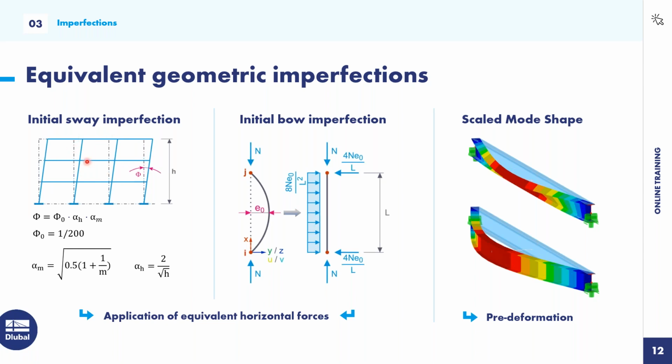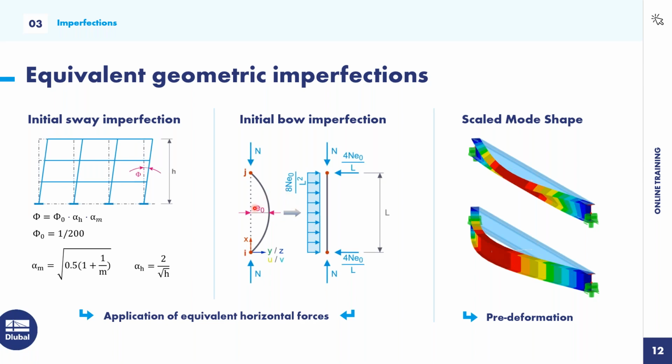This is applied on the structure and considers an inclination of our whole structure. So it's a kind of global imperfection, and there we consider a default value of 1/200. When I have additional effects like the height and also the rows of columns, I can make this value smaller. Then on the right side, I have this initial bow imperfection.